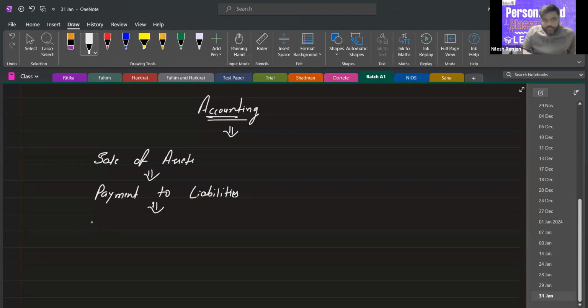After that, if any balance, then payment of capital. And then the balance is distributed as profit.